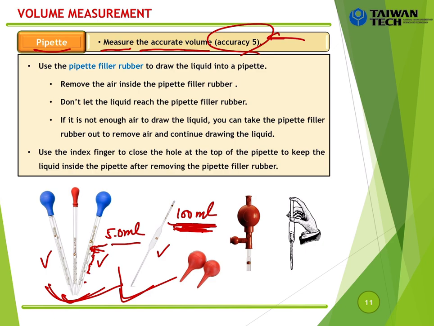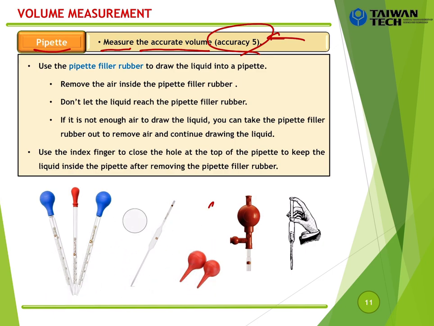Okay, and for this pipette, how can we take the chemical into it? Because we already mentioned the beaker, right? The beaker is very simple, it looks like a cup. This is the beaker, and you just use the bottle and add the solution, maybe the chemical, directly to your beaker.